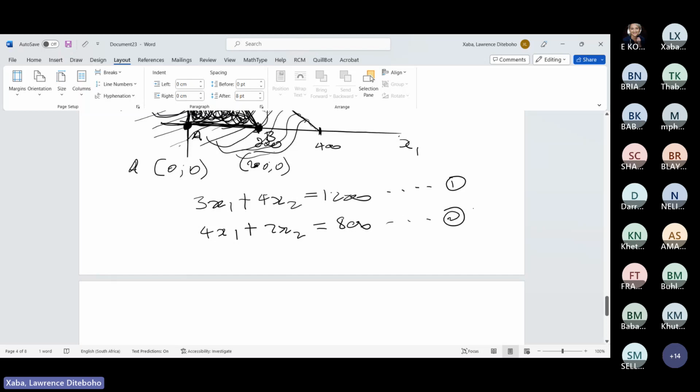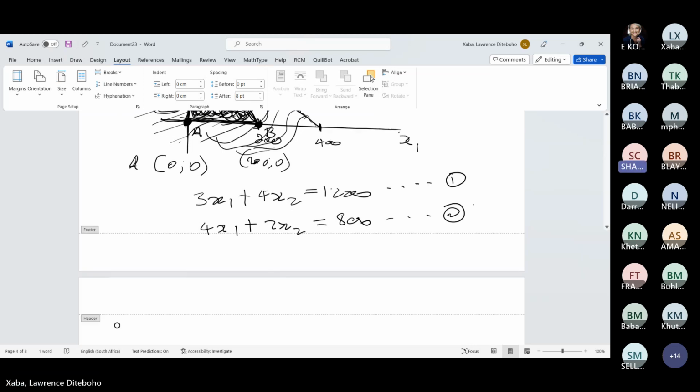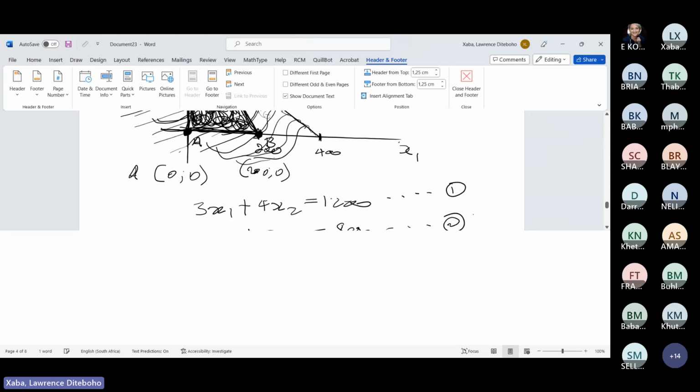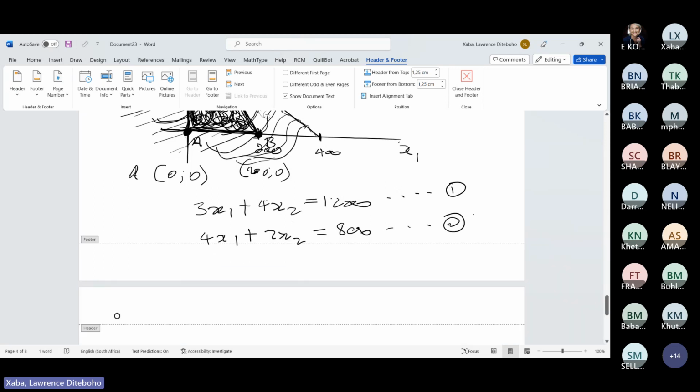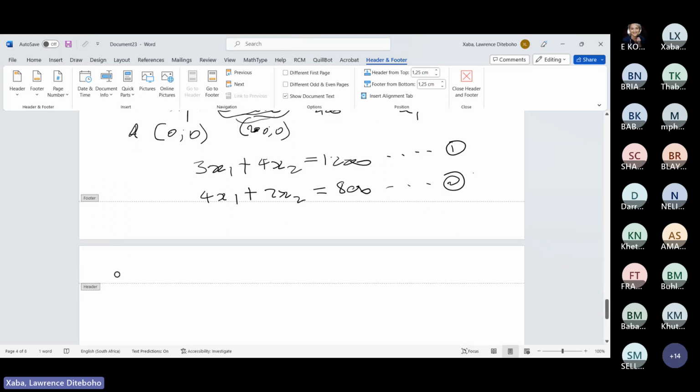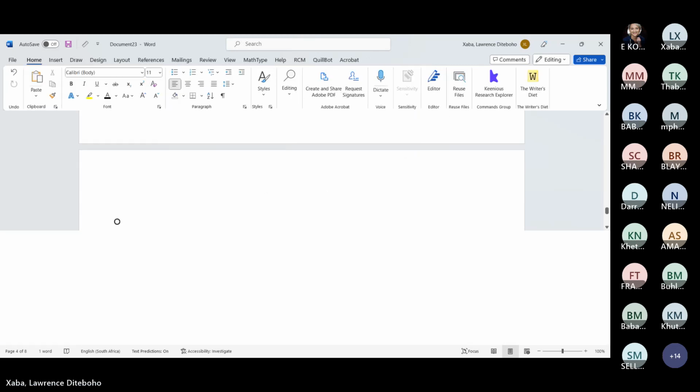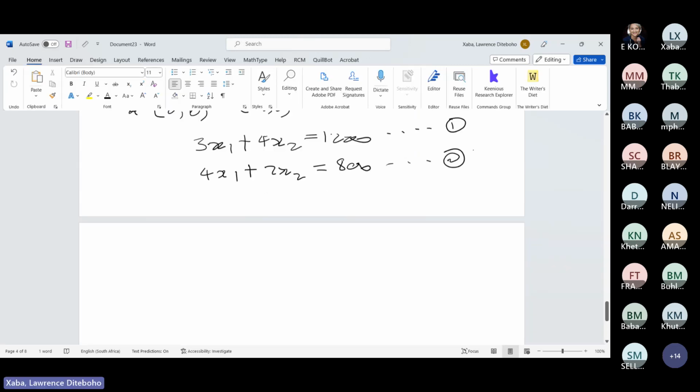We have to choose one of these two. Which one do you want to simplify to solve our problem? The bottom one. Okay, so let's take the bottom one and try to create equation 3 from it.